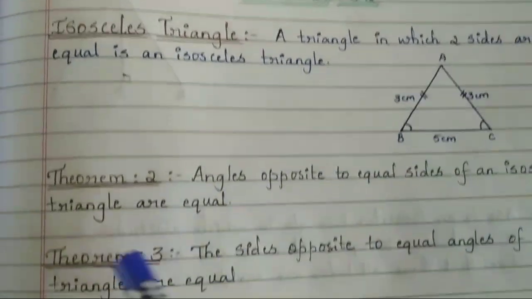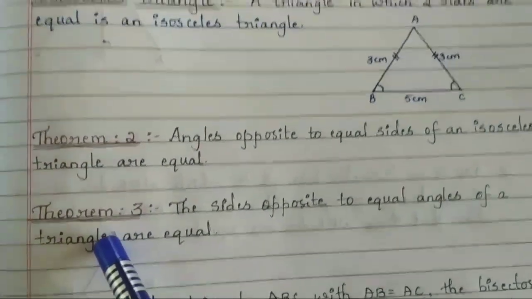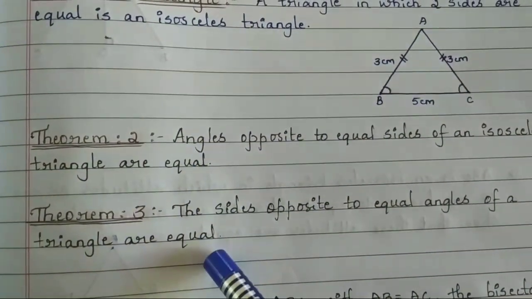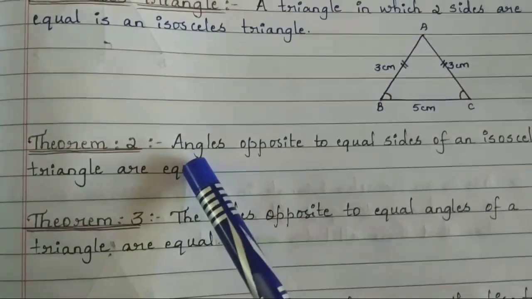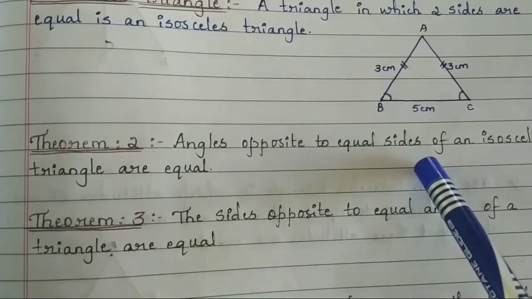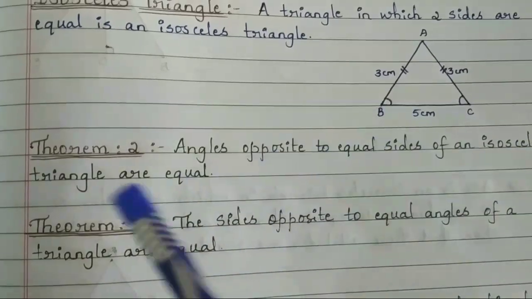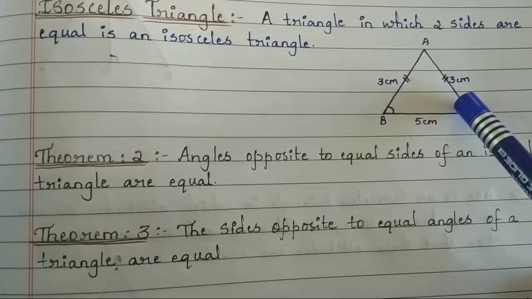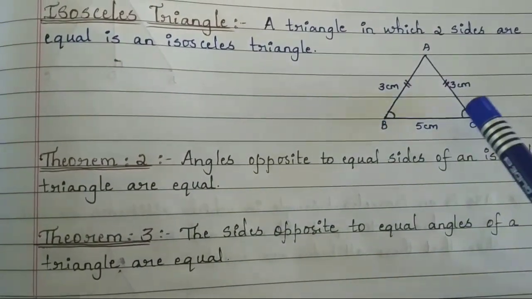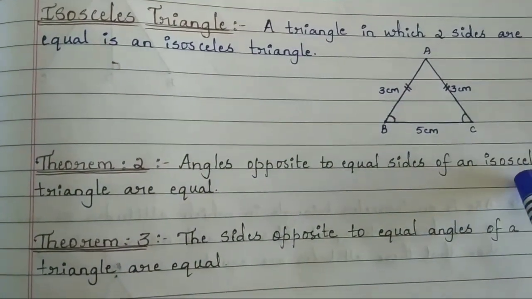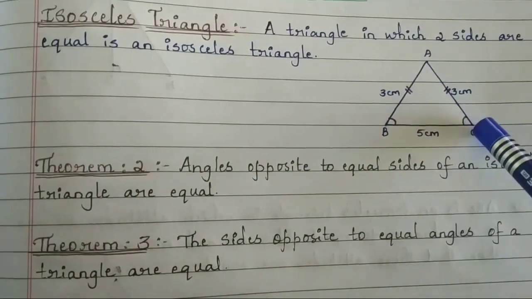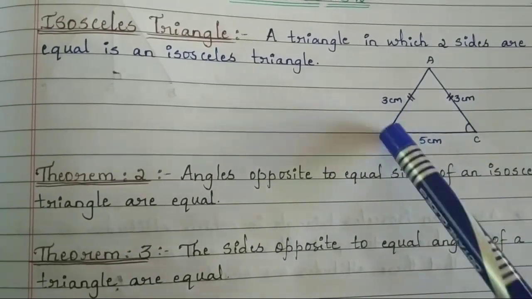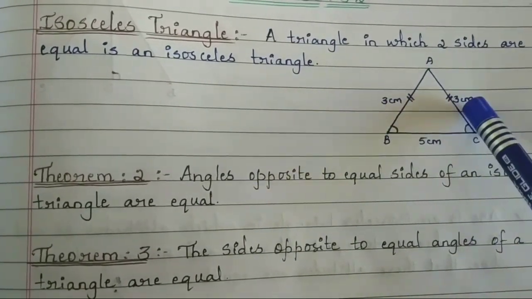So this is an example of an isosceles triangle. Next, what you have to study is the two theorems. When there is an isosceles triangle, you should remember these two theorems. The first one says angles opposite to equal sides of an isosceles triangle are equal. These are the equal sides of the isosceles triangle, and both angles are opposite to these sides.